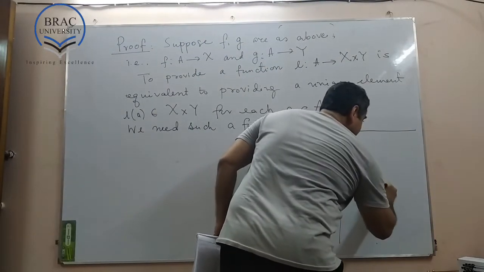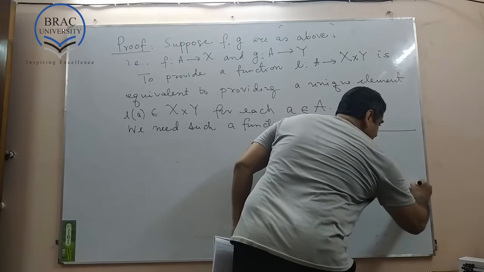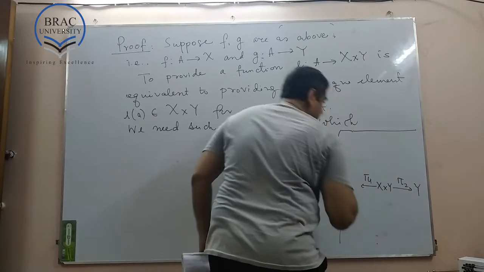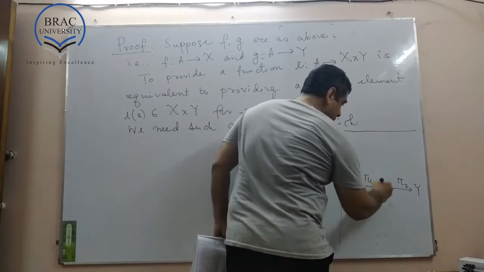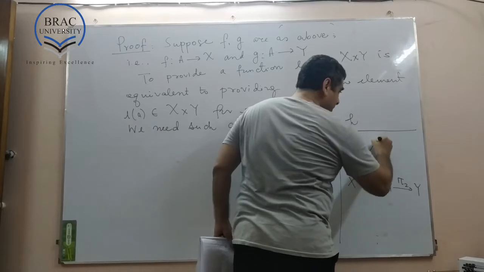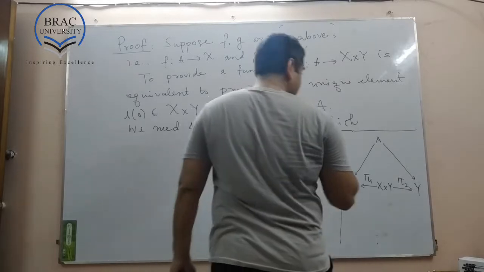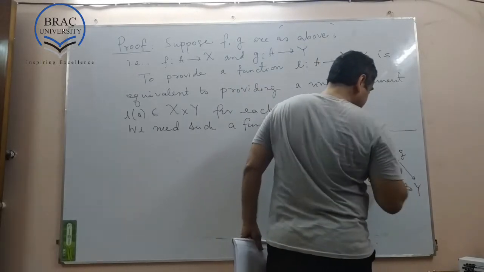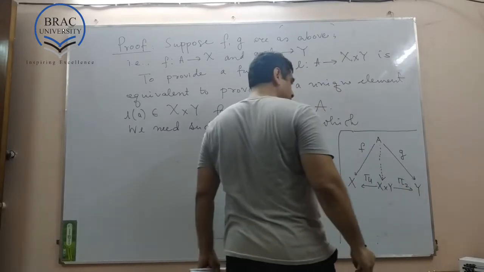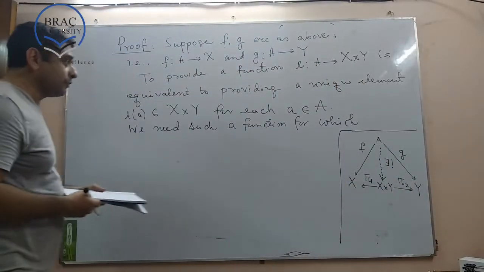So this was the diagram: X cross Y, projecting onto the second factor Y, and here on the right we have the projection onto the first factor X, and from A we have two arrows, F and G, and we have this dotted arrow that we want to find, or want to define.